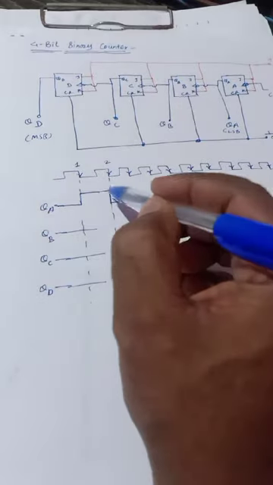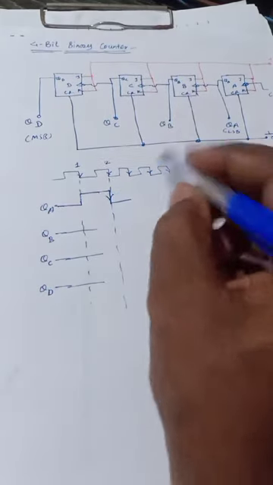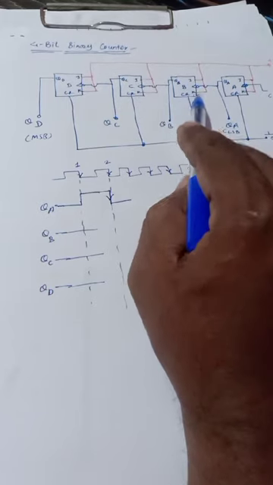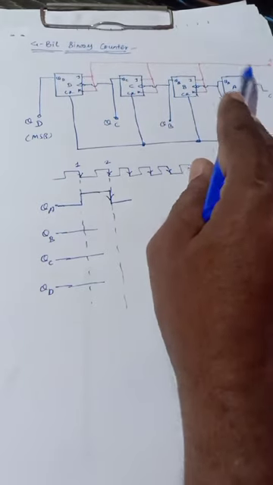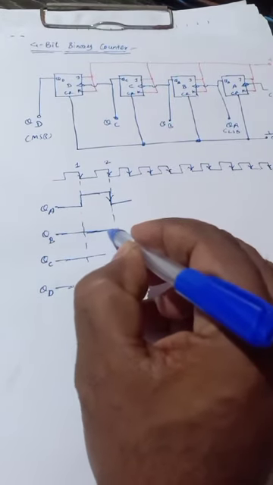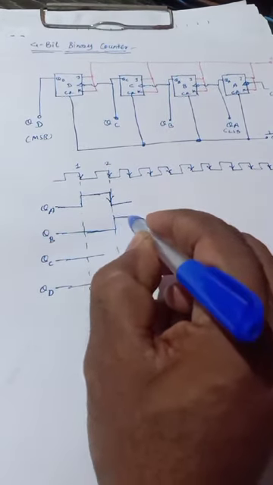This falling edge is now applied to the clock of the B flip-flop. J and K are already connected to 1, so it toggles.